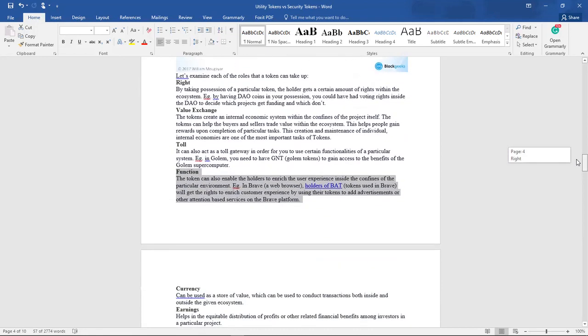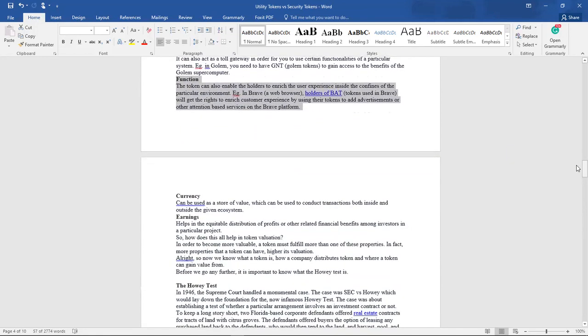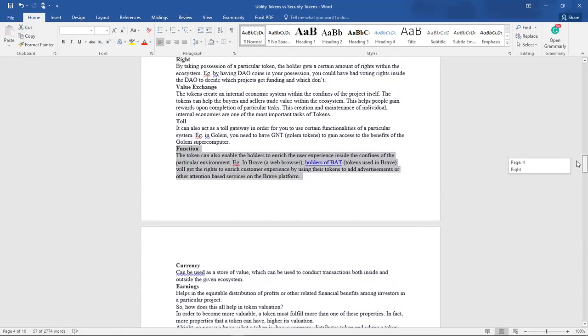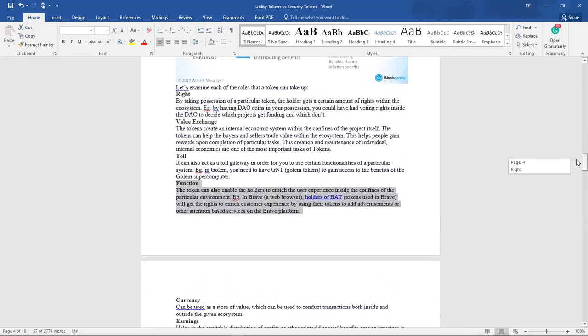And then we have another one, that is currency. It can be used as a store of value. This one especially applies to Bitcoin, because Bitcoin is a store of value, and there is less function in Bitcoin, and less toll and value exchange.